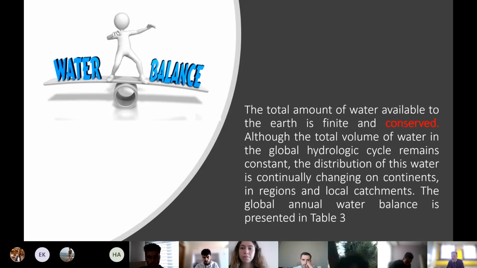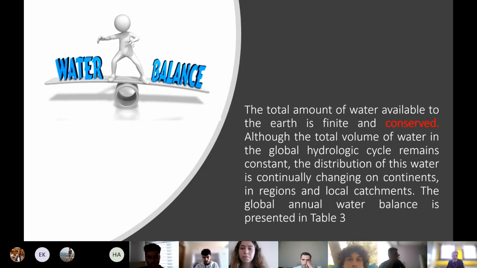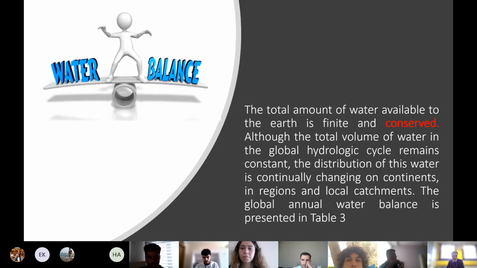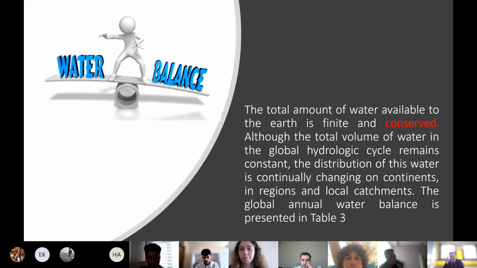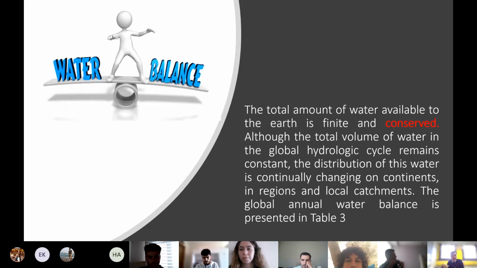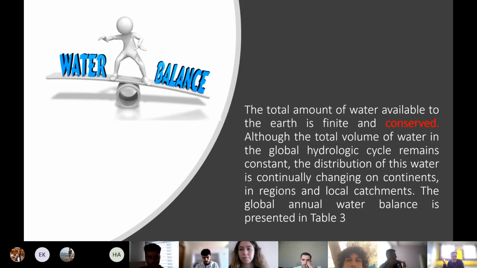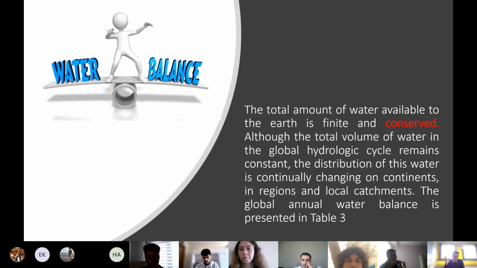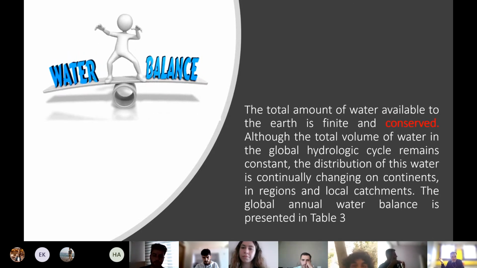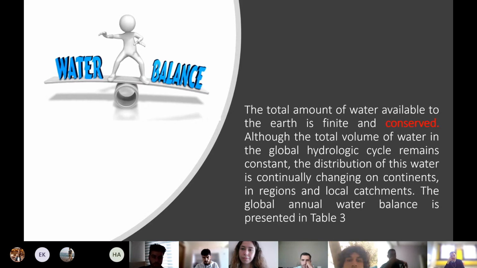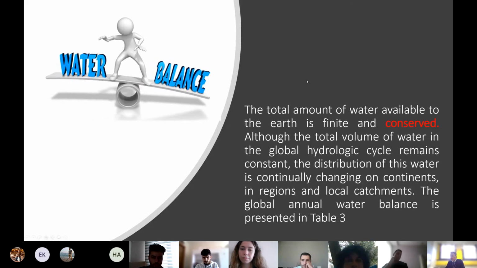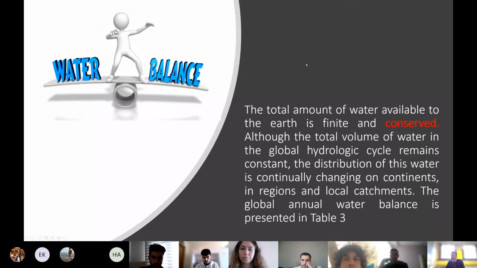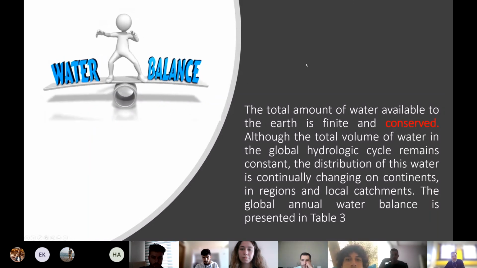What is important here is that the amount of water in the hydrological cycle on the Earth is constant, about 1.4 billion cubic meters, as we estimated. So what does the water balance mean?